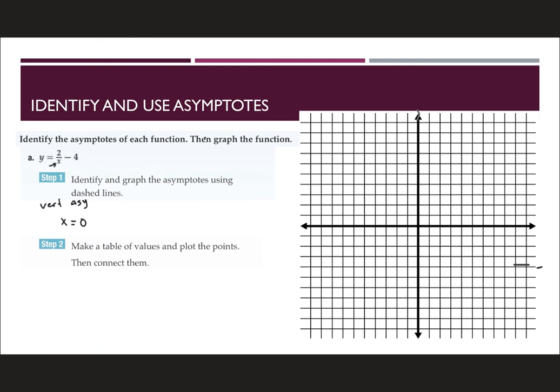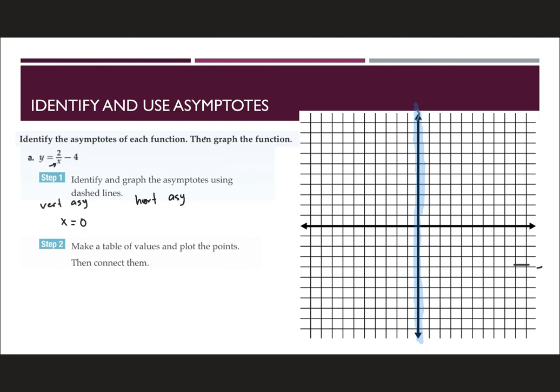So I'm going to change colors. I'm going to take this, and I'm going to graph x is equal to 0 right here on the y-axis, which is exactly where x is equal to 0. Then I'm going to do my horizontal asymptote.